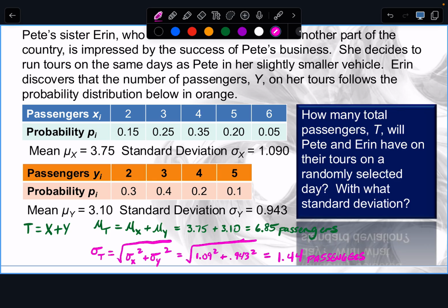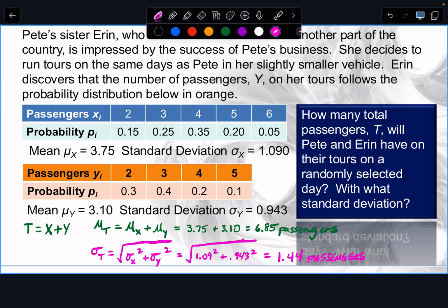Over many randomly selected days, a given day total will typically differ from that mean of 6.85 by about 1.44 passengers. So knowing how to calculate and also interpret, just like we've been doing the last couple days.